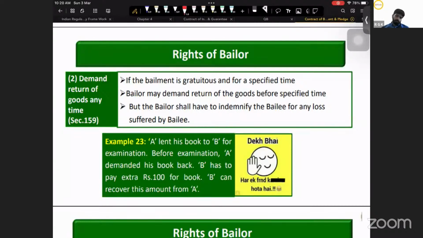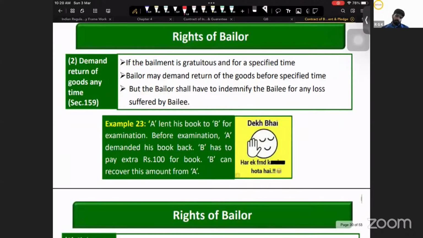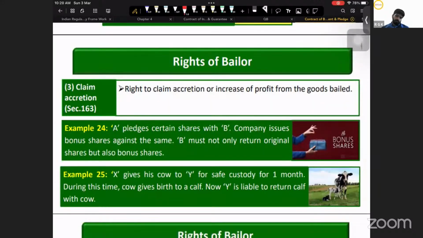Next, claim accretion. Accretion means increase. When you bail out goods, say for example, you have bailed out a cow. Now, when the cow is in the custody of the bailee, the cow gives birth to a calf.